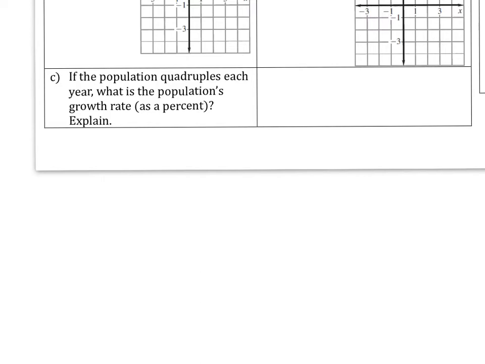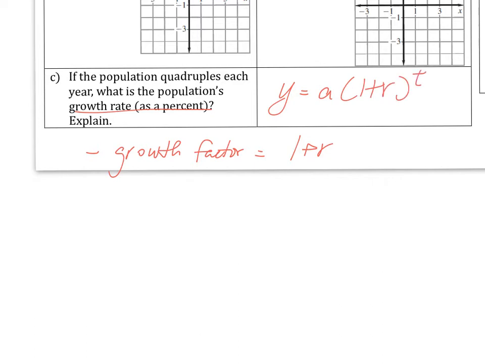If the population quadruples each year, what is the population's growth rate as a percent? Explain. Well, the growth factor is 1 plus r, according to the model that I just explained. y equals a times 1 plus r to the t power.